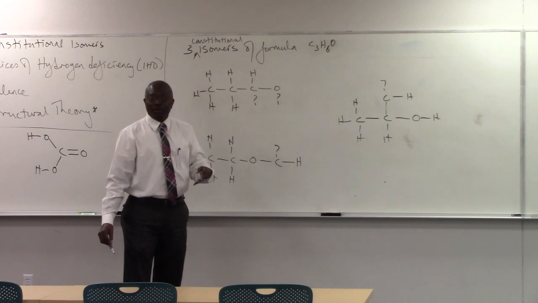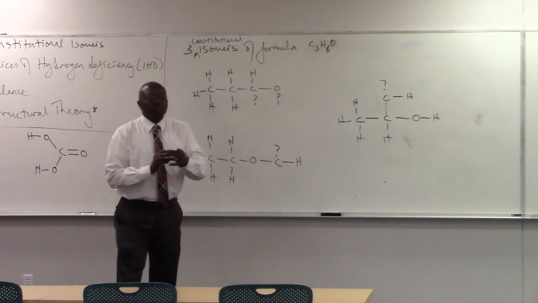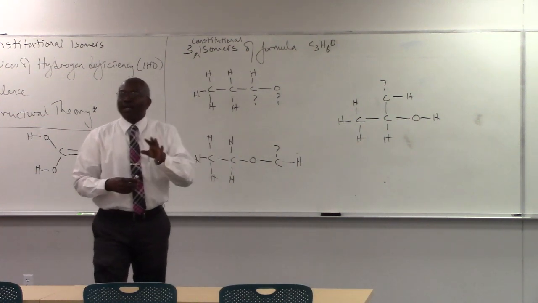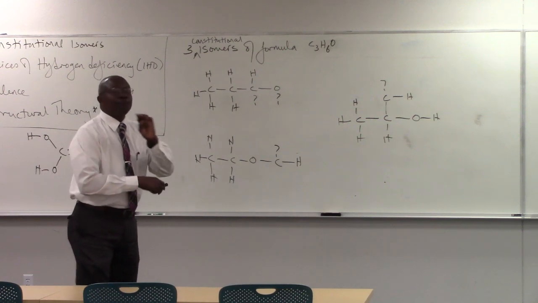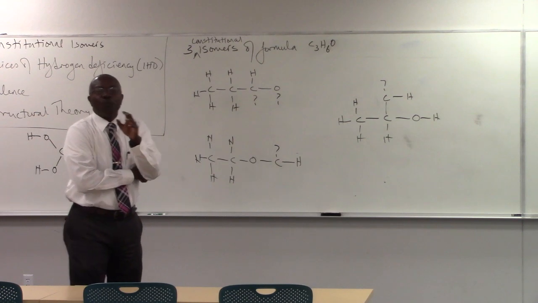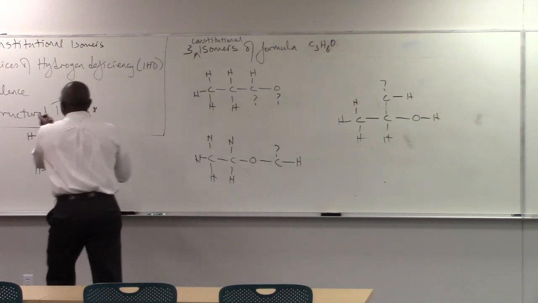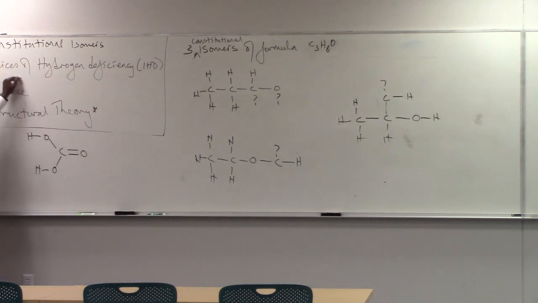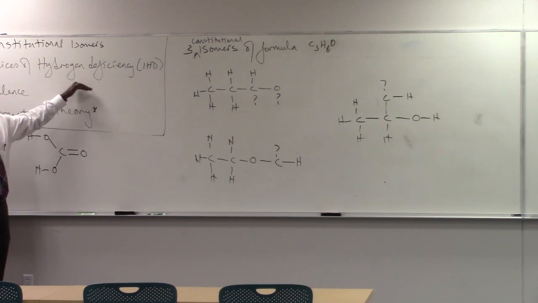So what's the problem? And the problem is that when we look at the formulas of the compounds, before we start to draw anything, what we have to determine is what is the index of hydrogen deficiency in the compound.